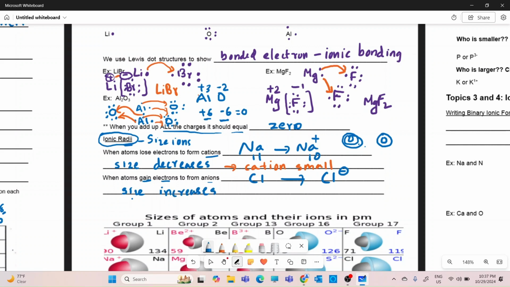So you can say anions will be bigger than the atom. So if we compare atom and anion, the anion will be bigger. But when we compare atom and cation, the atom will be bigger.